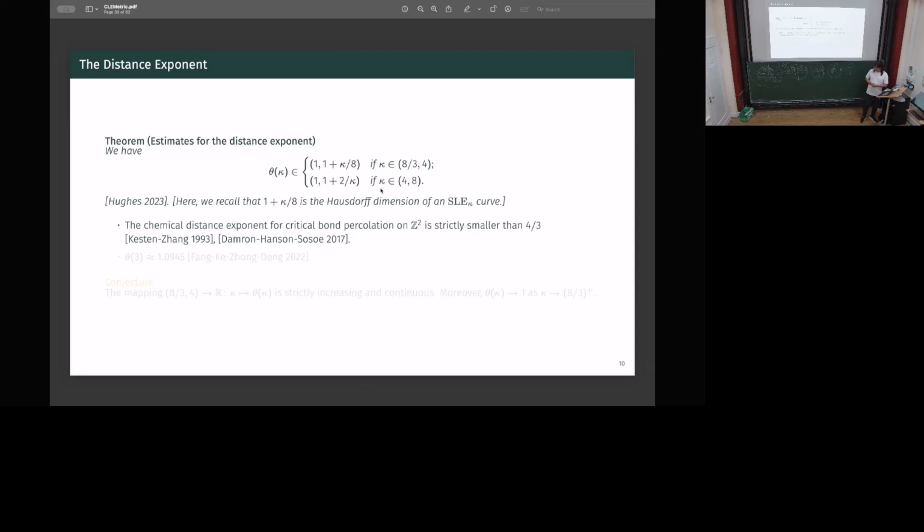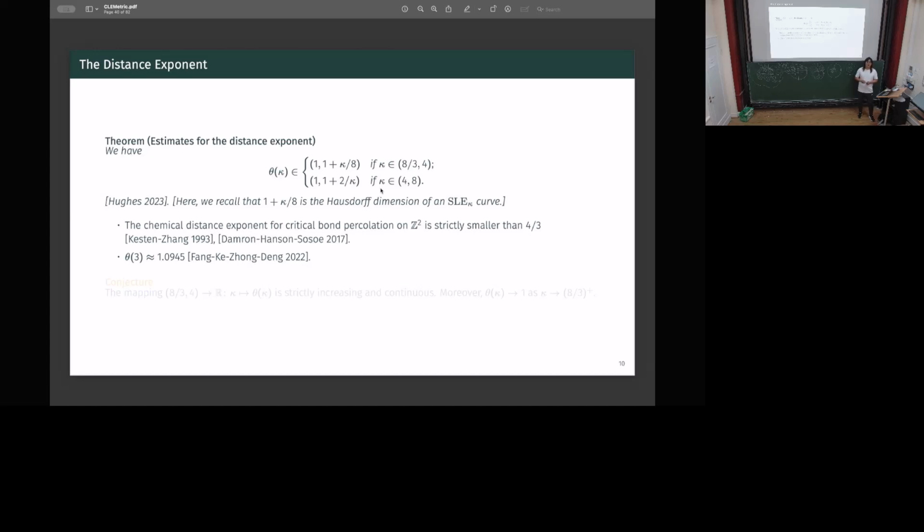And you can also observe that this 4/3 is exactly this bound when kappa is 6. So these 2 bounds match. And for the Ising model, which corresponds to kappa equal to 3, there are some recent simulations which say that it is roughly this value.